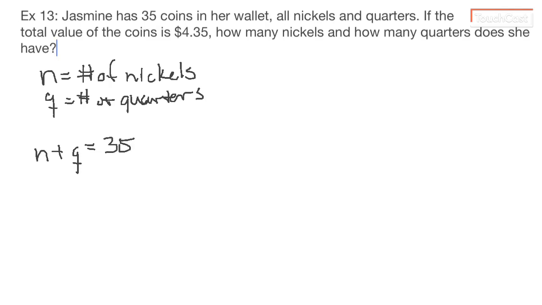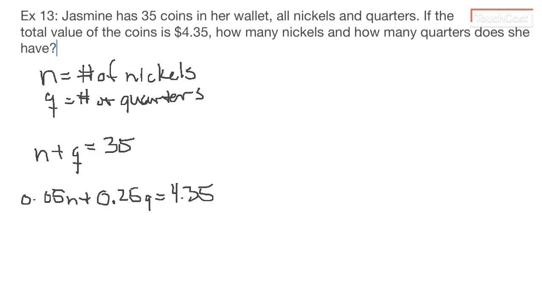We also know that the total value is $4.35. So a nickel is 5 cents, so we're going to go 0.05 N plus a quarter is 25 cents, so 0.25 Q equals 4.35.